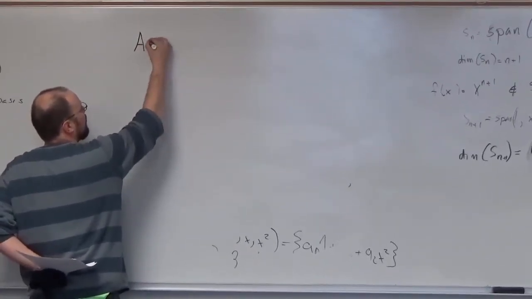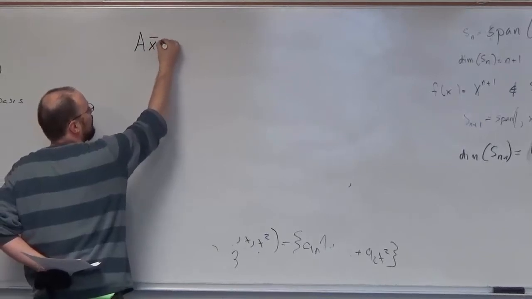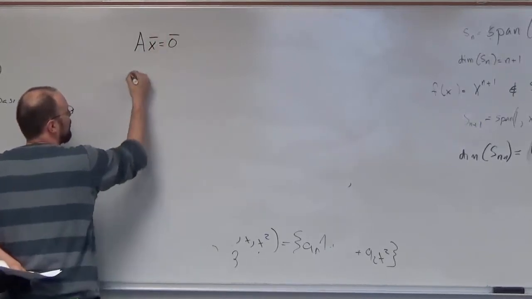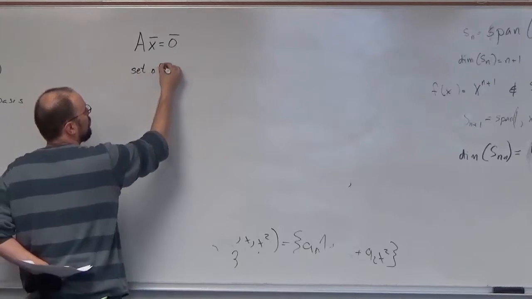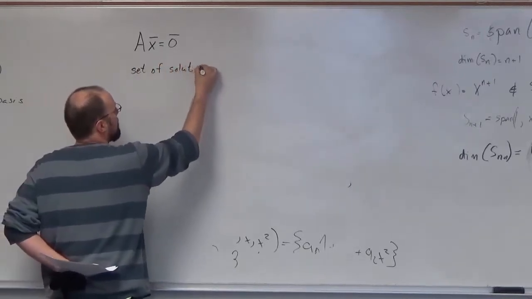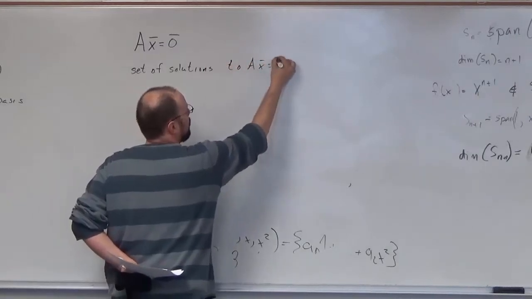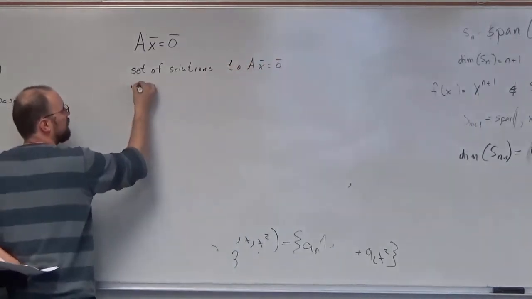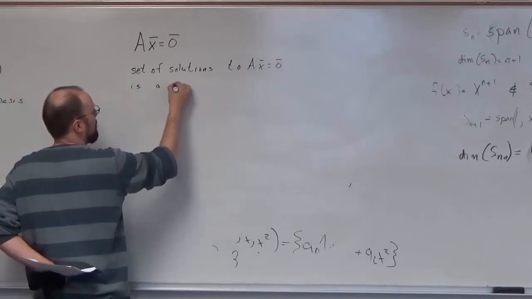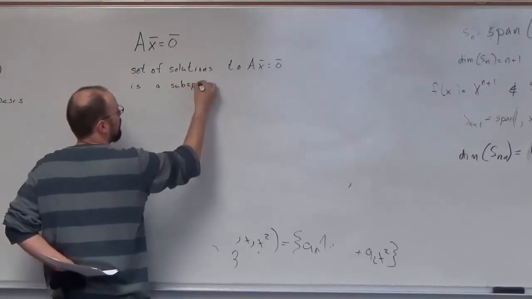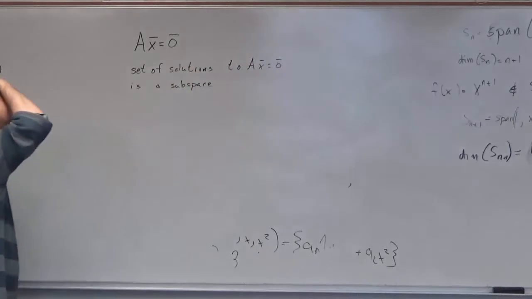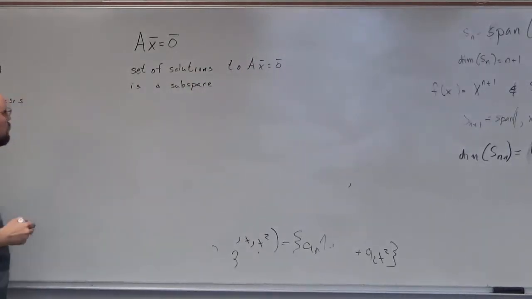We had a matrix equation, A times x equals 0, and we said that the set of solutions to that equation, and we proved it, is a subspace of some R^n. If we have a subspace, i.e. a vector space, we hope to find a basis for it.